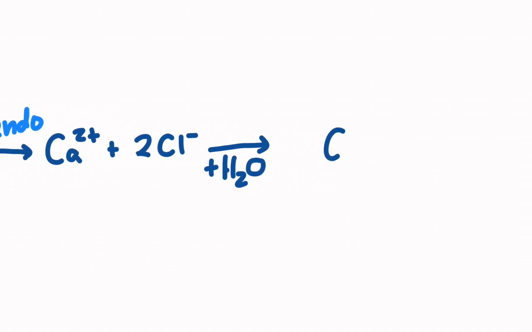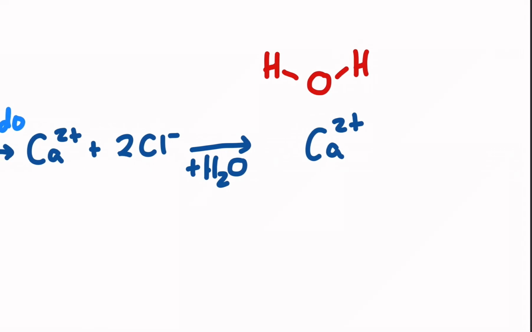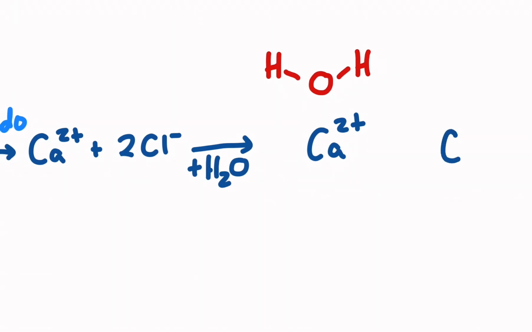Remember, if you have a calcium ion and a nearby water molecule, the more electronegative oxygen atom of a water molecule will orient itself closer to the positively charged calcium ion, and vice versa for a chloride. The less electronegative hydrogen atoms will orient themselves toward the chloride ions.